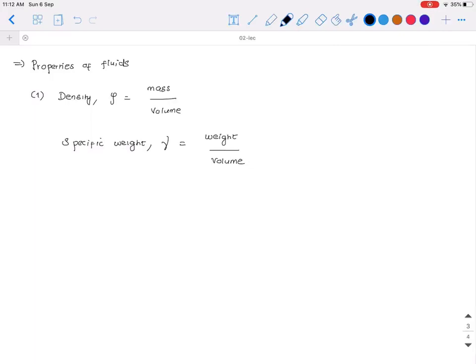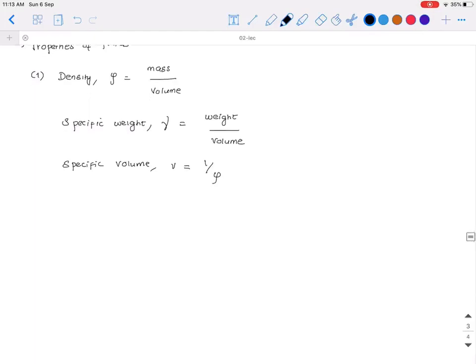Okay, and another one is called specific volume, which is the reciprocal of density, which is volume per unit mass.